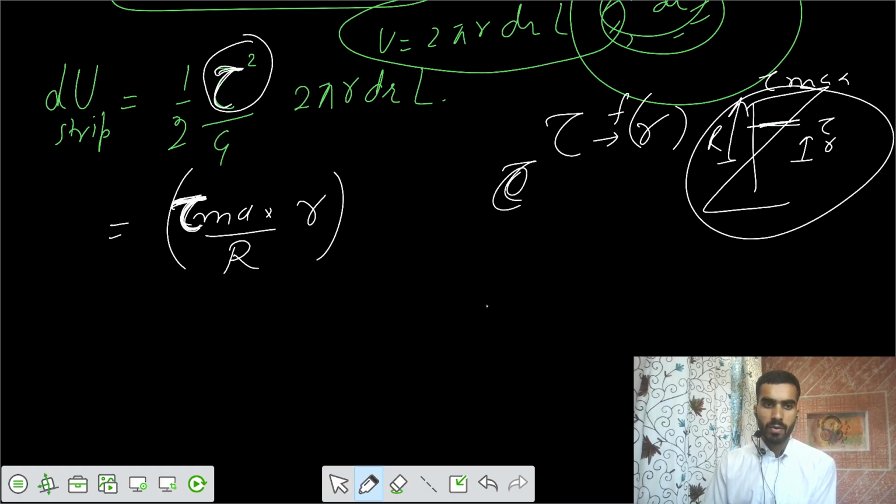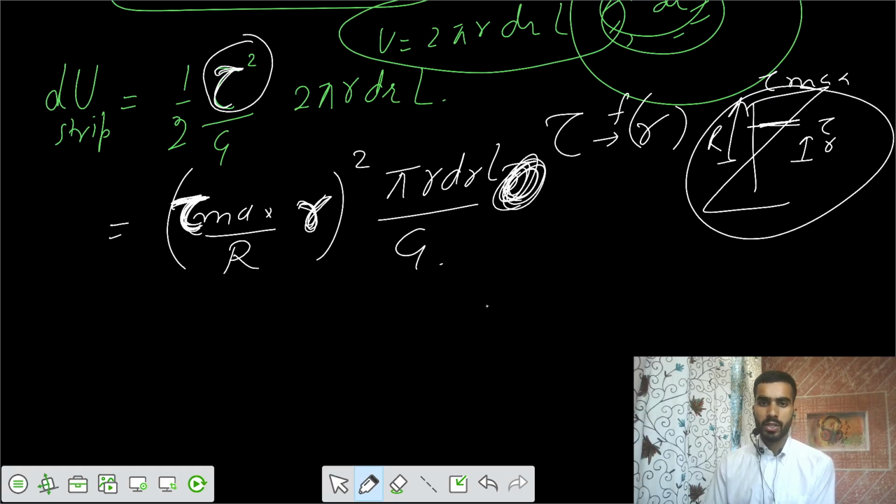I want to see the effect of that r, only that r in the integral now. You have to square it, then you are left with pi r dr L divided by G. So this is your strain energy stored in that strip of dr.